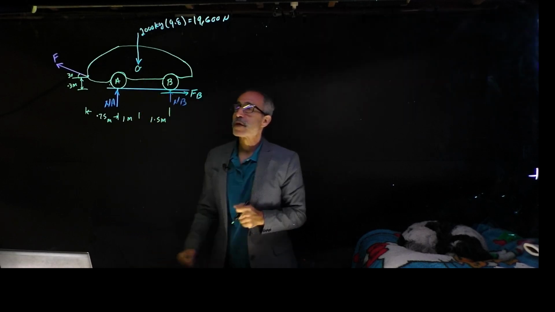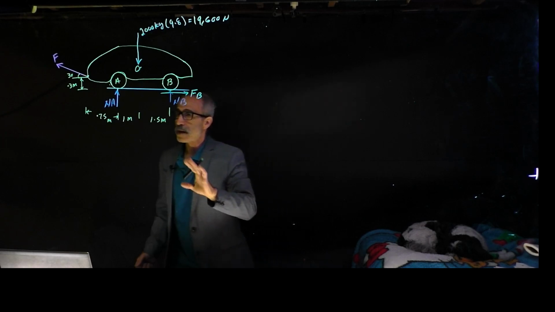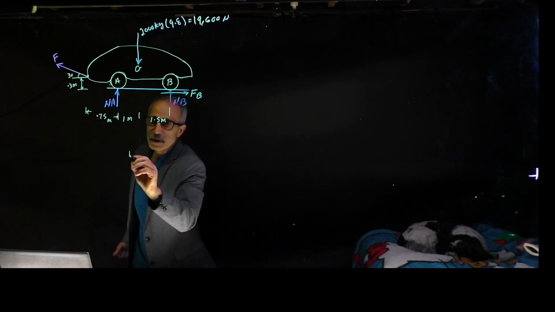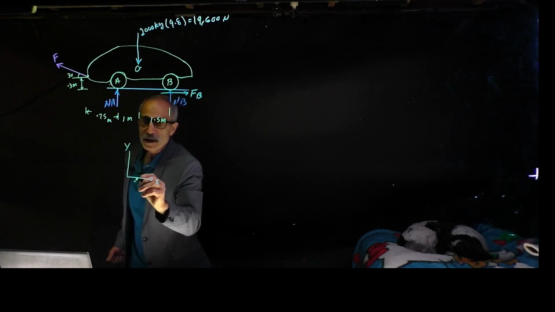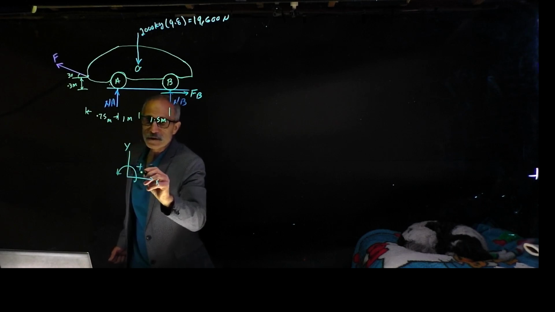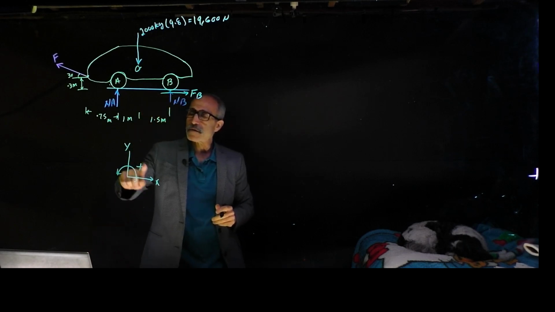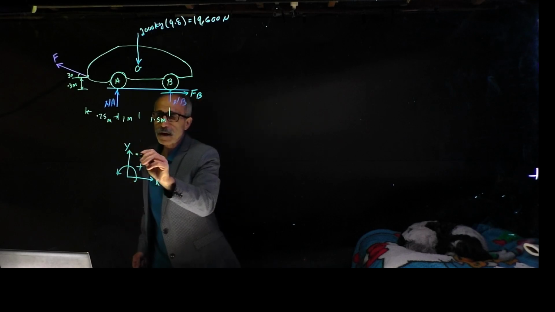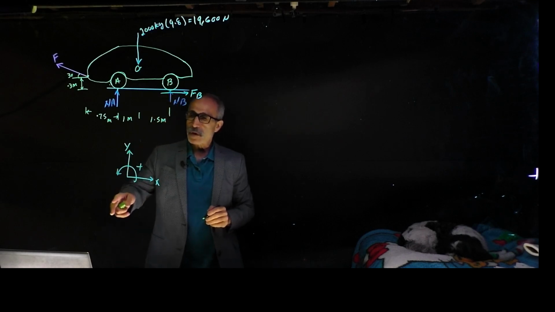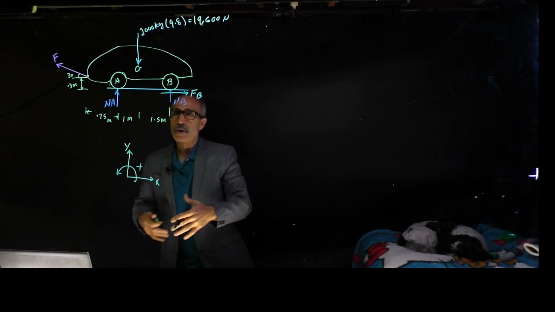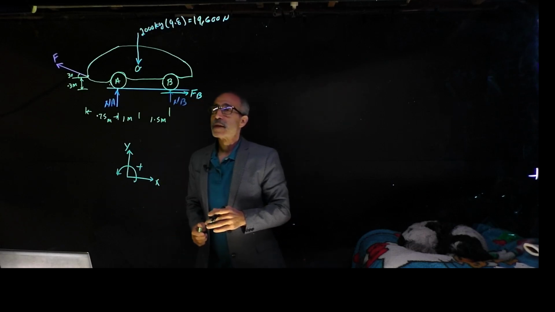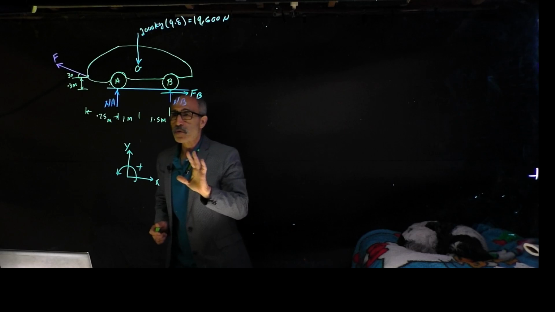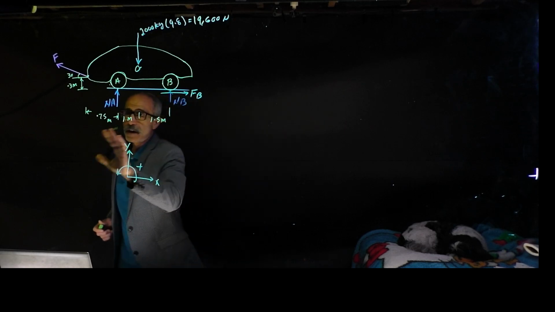Okay, the first thing we're going to do is set up our sign convention, remember? X, Y, moment, positive. So X toward the right is positive, Y going up is positive, rotation counterclockwise is positive. That's the sign convention we're going to use. You could use other ones, that's fine too, but let's go with this. Then we have the equations, and you know that.